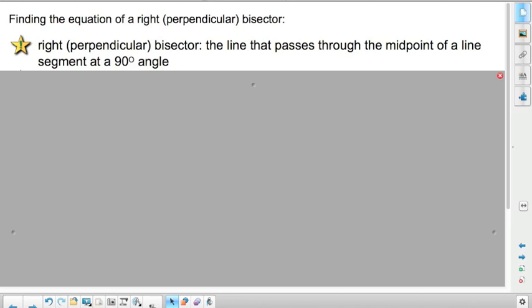We saw that with the donut thing, right? When we did chords, we did the perpendicular bisector. We didn't have to do any math to calculate that before. Now we're going to learn the math to actually calculate it.